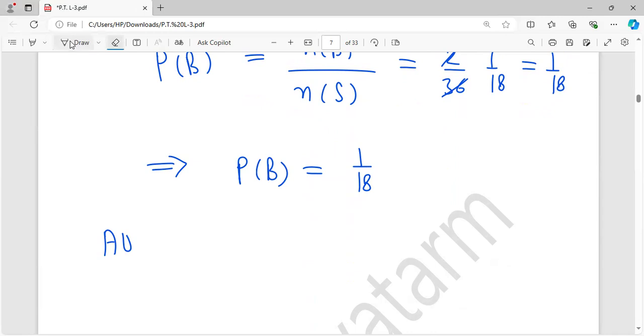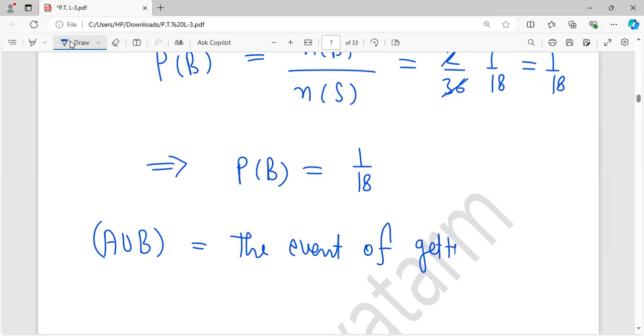A union B is the event of getting a total of 7 or 11.